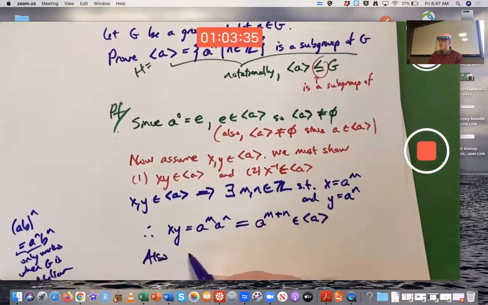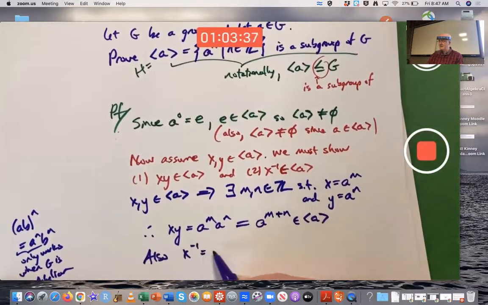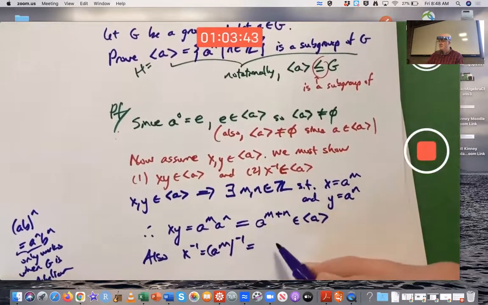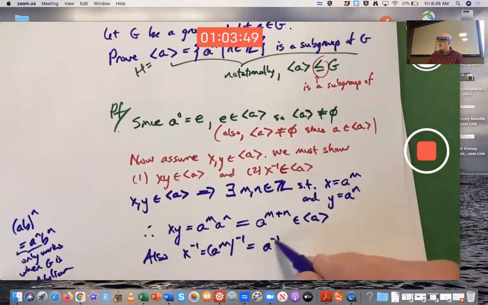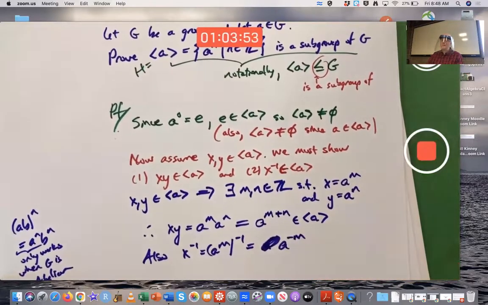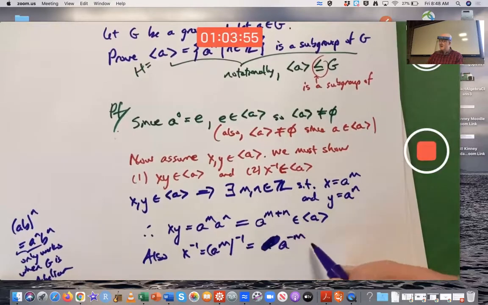Also, X inverse is A to the M, inverse. Another property of exponents that you may use is that you can swap these around. This is the same as A inverse to the M, or A to the negative M power. Multiply those exponents. And that is a power of A, so it is in here.